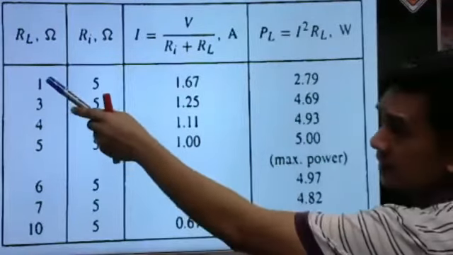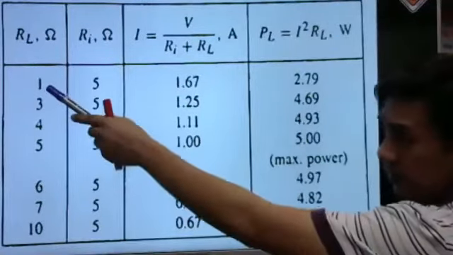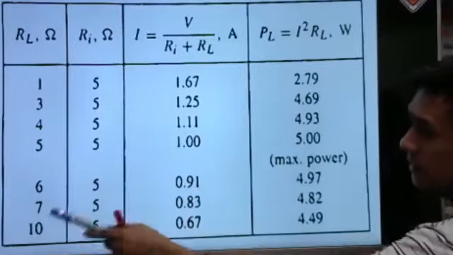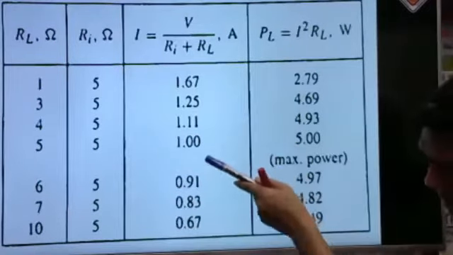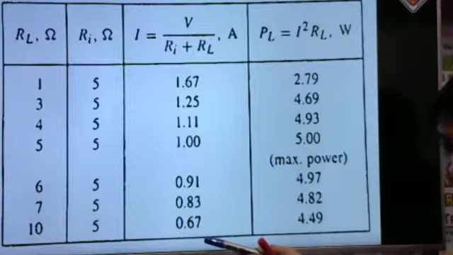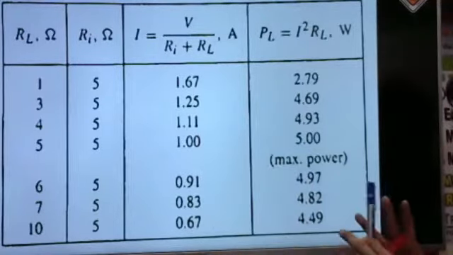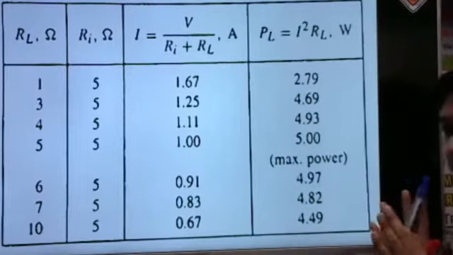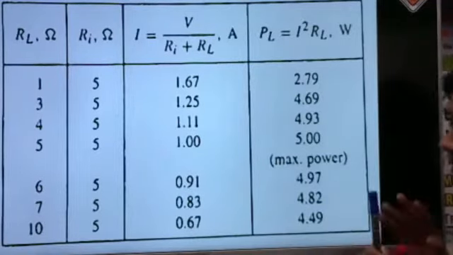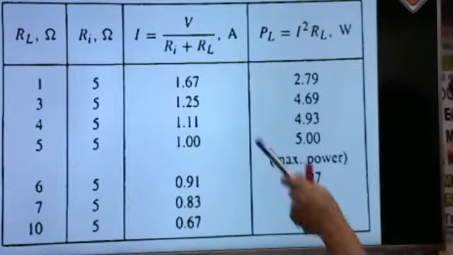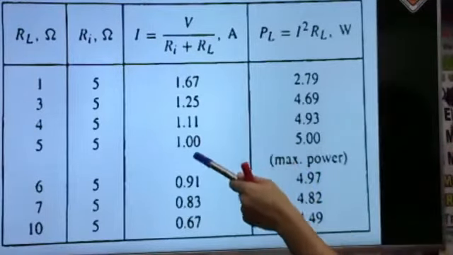Once we increase the load resistance, the current decreases. Of course, because they are inversely proportional. Even from Ohm's law, if we increase the resistance, the current decreases.